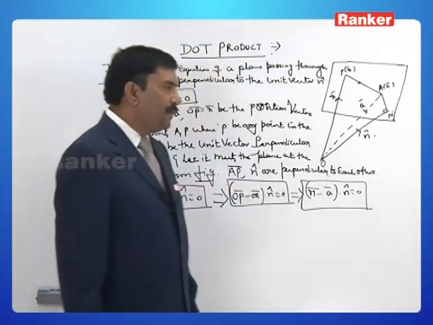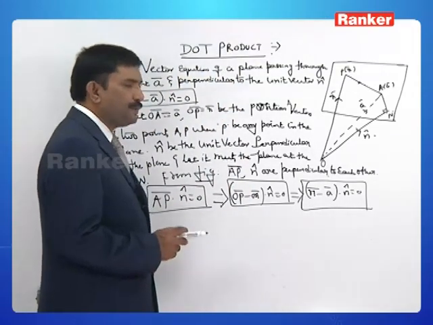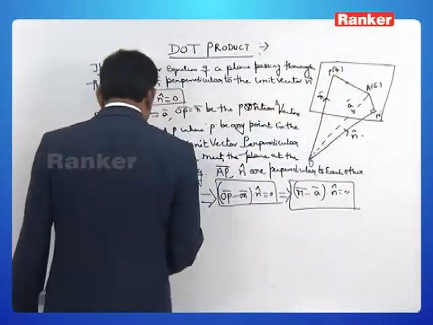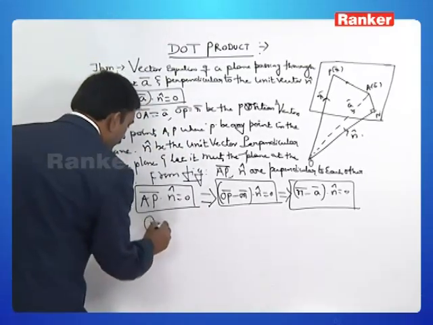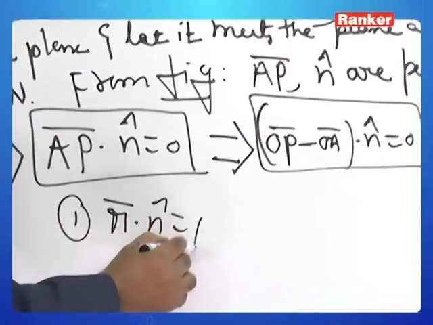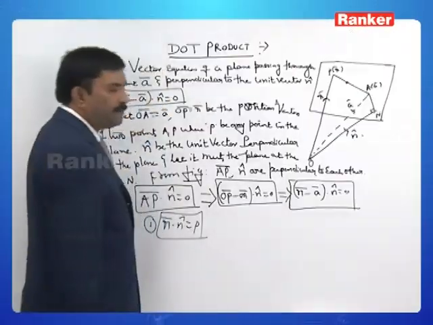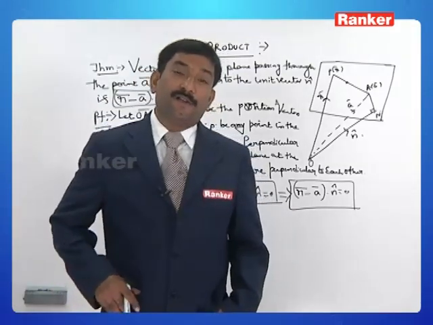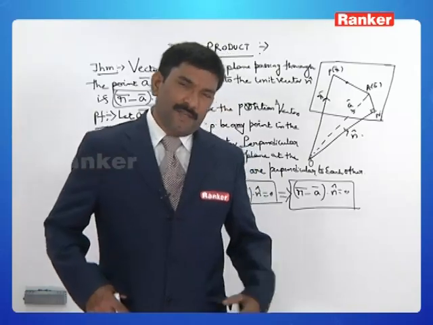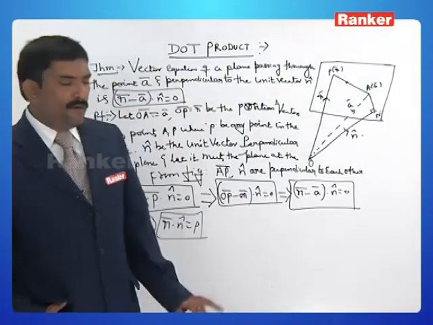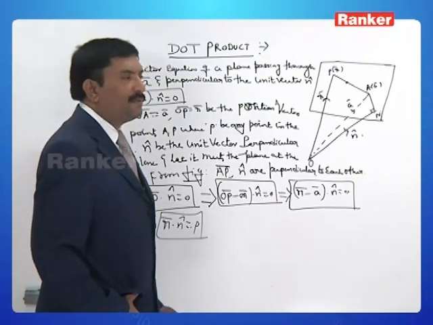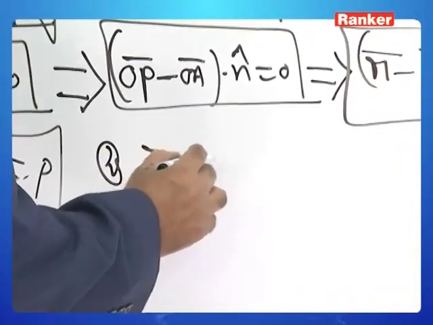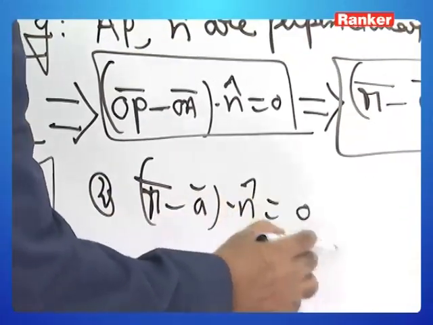Followed? So therefore, now we have come across two plane equations. The first one is the vector equation of a plane where N cap is perpendicular to it and P is the perpendicular distance from the origin, given by R bar dot N cap is equal to P. Next, the second one is R bar minus A bar dot N cap is equal to 0.